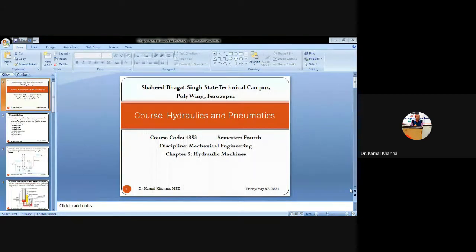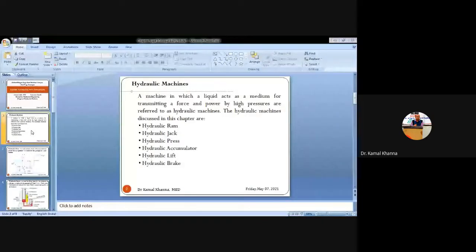In the case of hilly areas, we will be studying the hydraulic jack, a device used to lift a heavy load by applying just a very small effort, and hence increasing the efficiency of the work. We will be studying the hydraulic press also, which is used to deform the shape and size of any specimen under the load of the press.